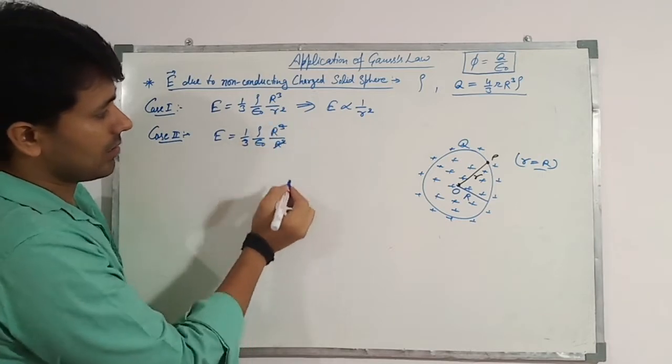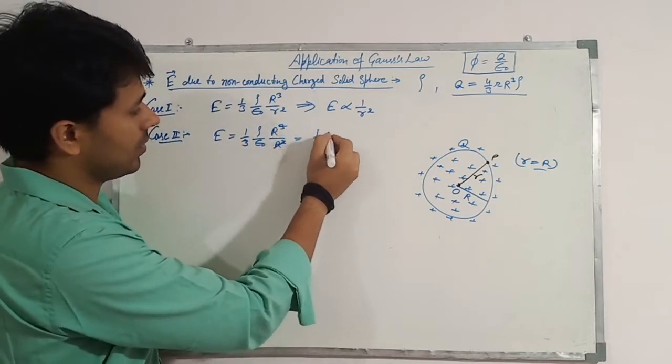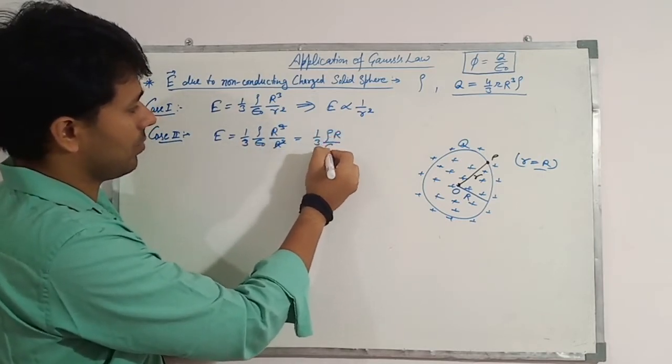R square cancels out, which means E is 1 by 3 rho R upon epsilon naught.